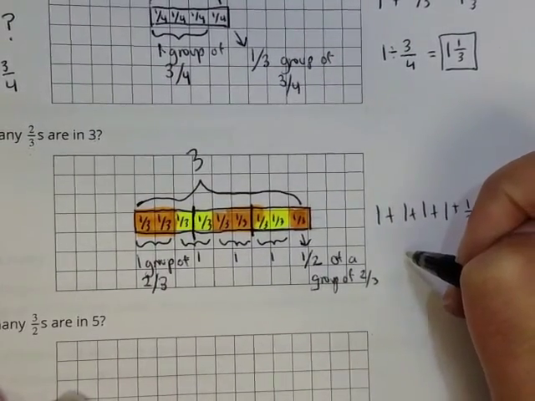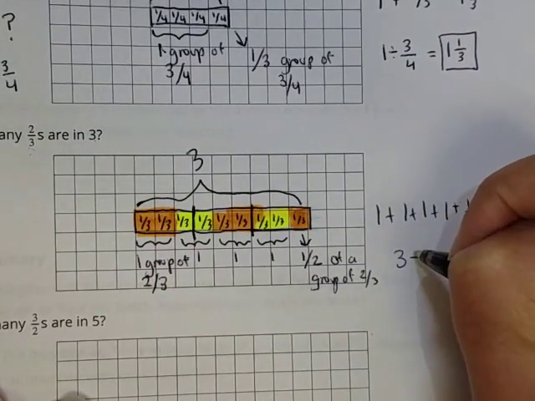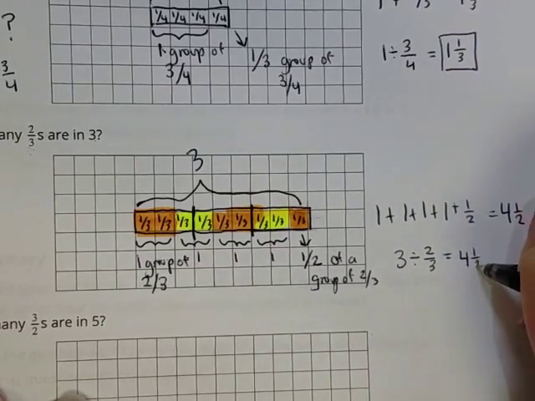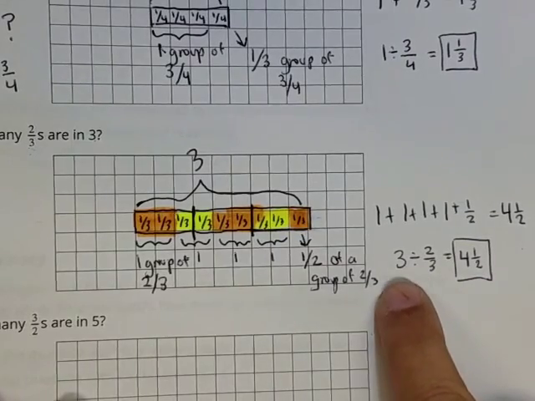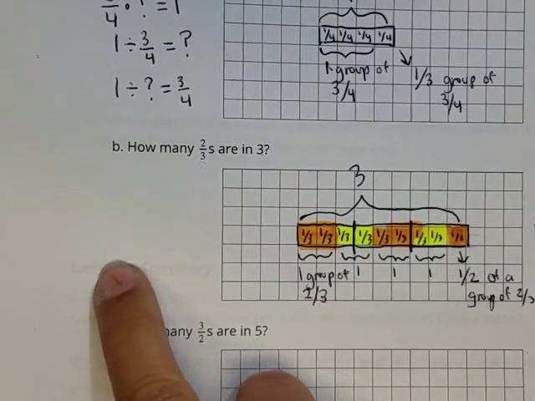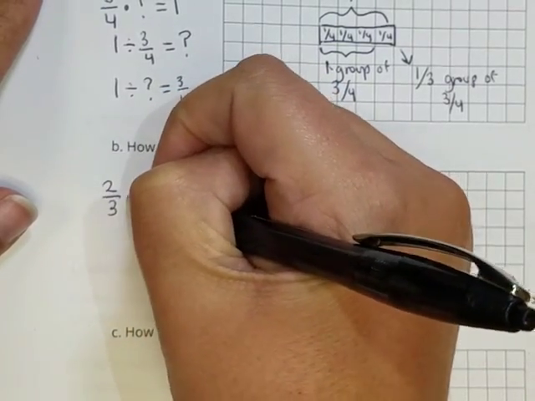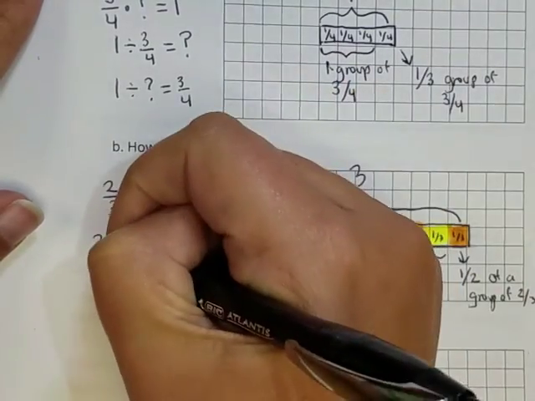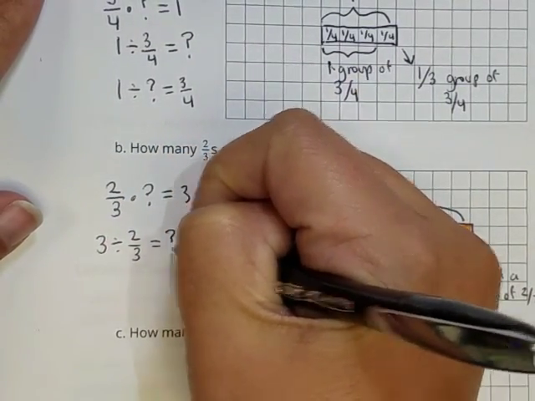So the answer to my question, oh, I didn't write them down. I'll write them down in just a second. Sorry about that. 3 divided by 2/3 is 4 1/2. So 4 1/2 groups of 2/3 go into 3. So my multiplication problem would be 2/3 times what gives me 3? Or 3 divided by 2/3 gives me what?